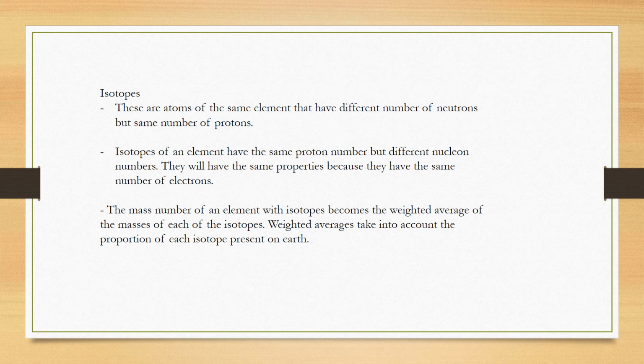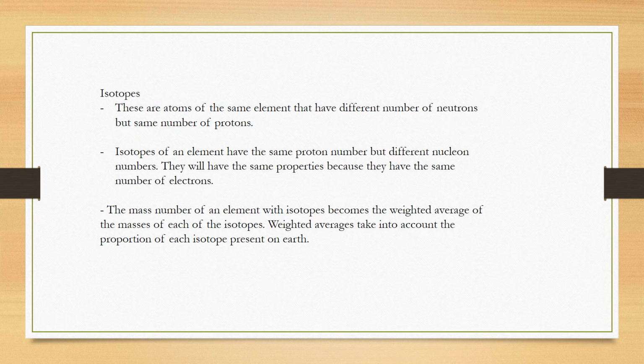We then have what we call isotopes. These are atoms of the same element that have a different number of neutrons. The number of neutrons is not the same, but we have exactly the same number of protons. So isotopes of an element have the same proton number. The only difference is in the nucleon numbers.